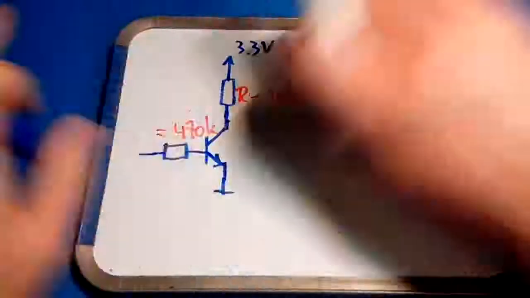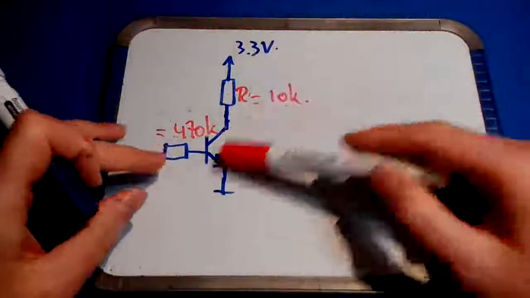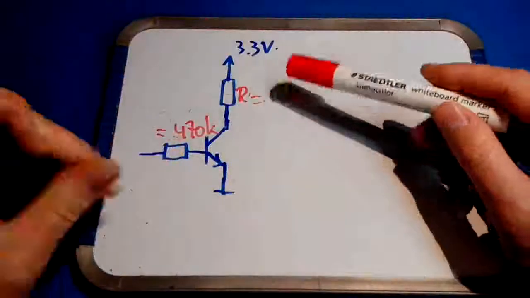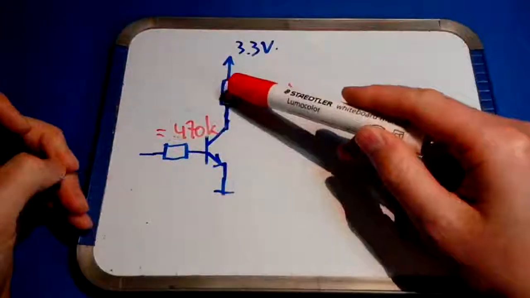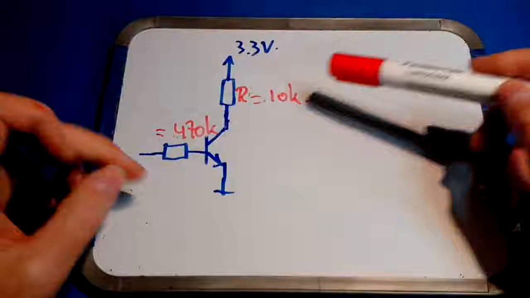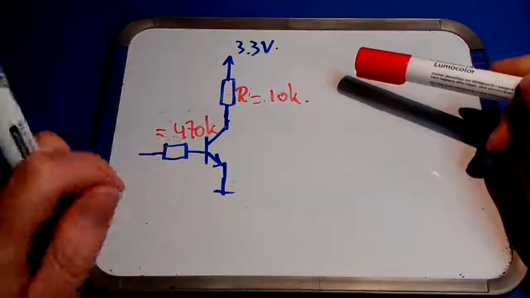You want to make the difference as big as possible. Now, with the method we just used, we can scale everything by a factor 10. So you can say the topmost resistor is 100K and the input resistor is 4.7 meg ohms.